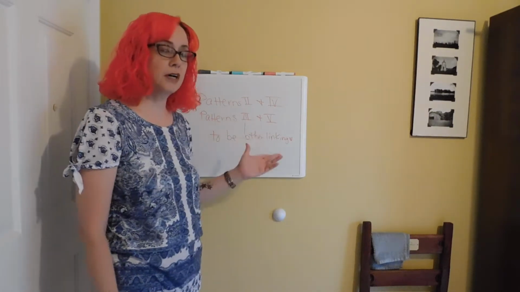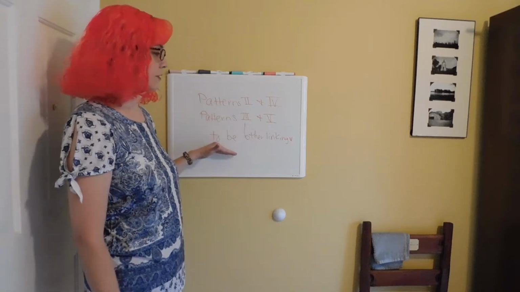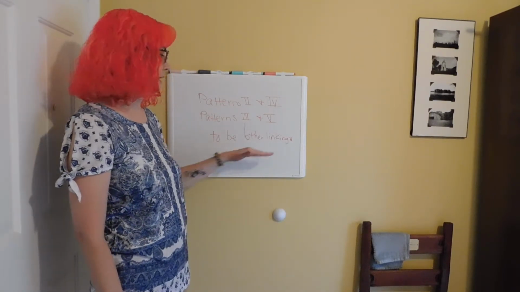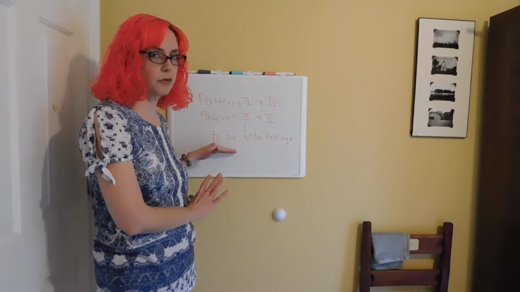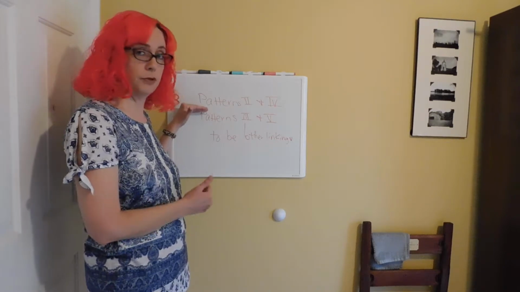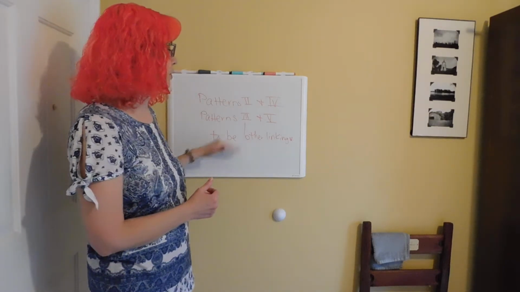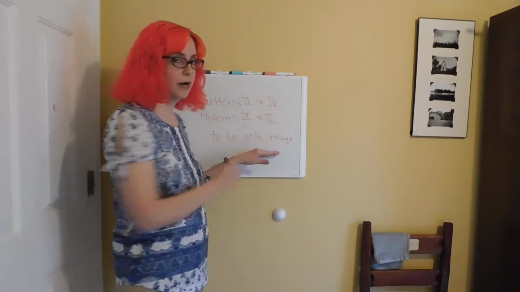What your book has done, that not all books do, is separate the linking verbs by saying we're going to only talk about the to be linking verb for patterns 1, 2, and 3, and we're going to talk about all the other linking verbs for patterns 4 and 5.